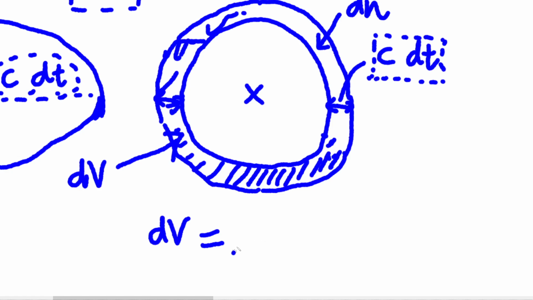So some surface area of the sphere, A, multiplied by the radius or thickness of that sphere.